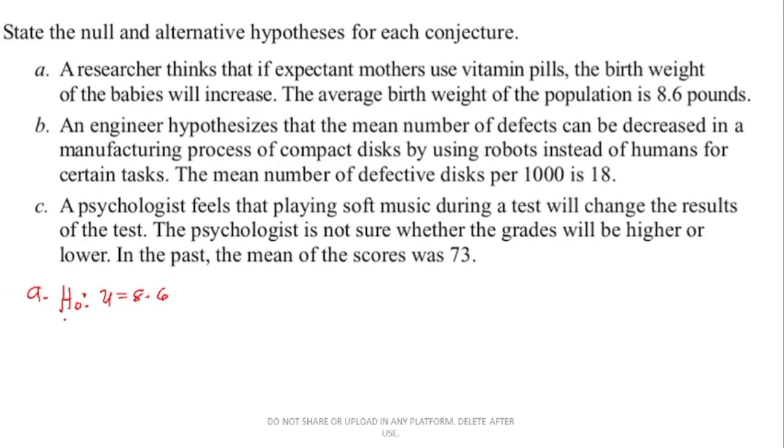Then, what would be our alternative hypothesis? Luis Mauro, what would be our alternative hypothesis?